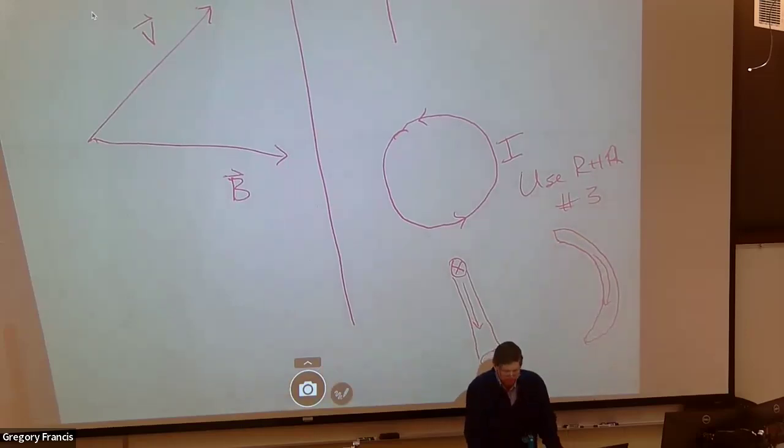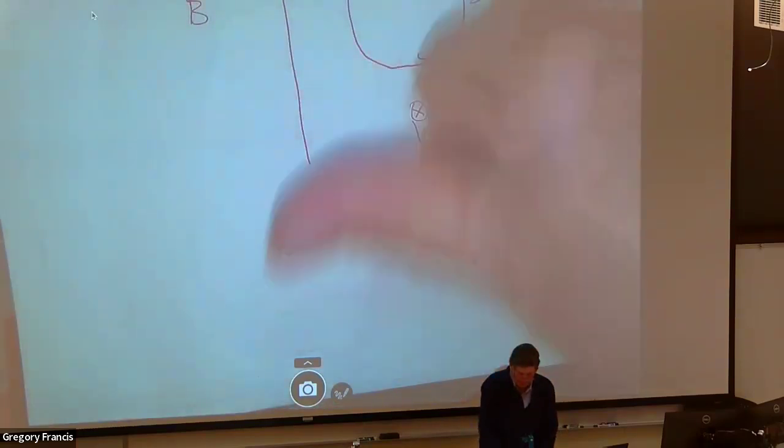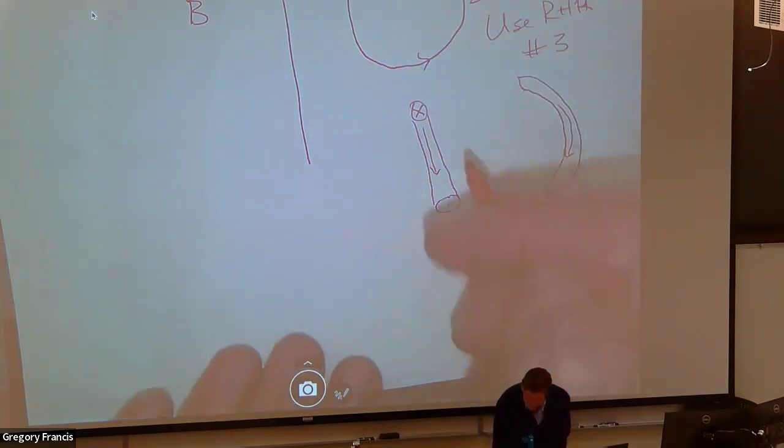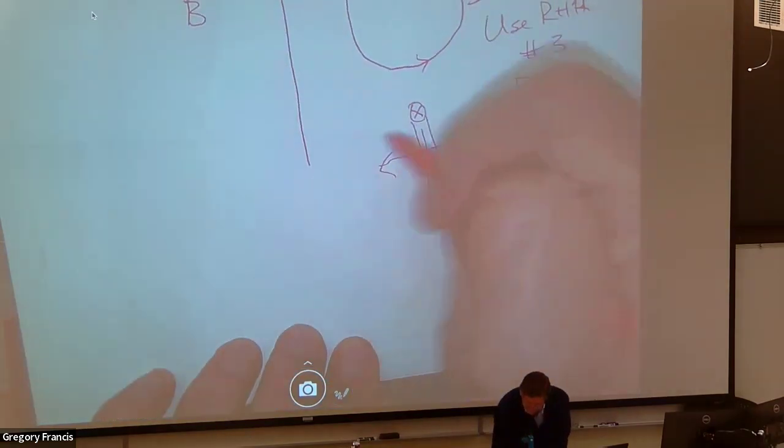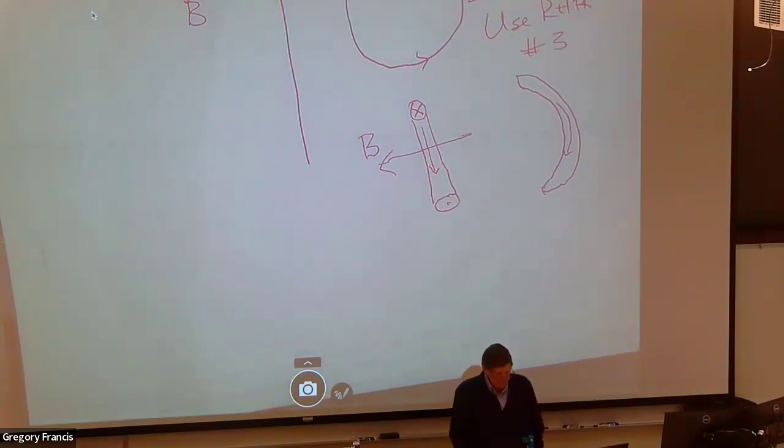Okay. Now, if I curl my fingers in the direction of the current, my thumb tells me the direction of the magnetic field at the center of the loop. But I also know that a current loop acts like a bar magnet.